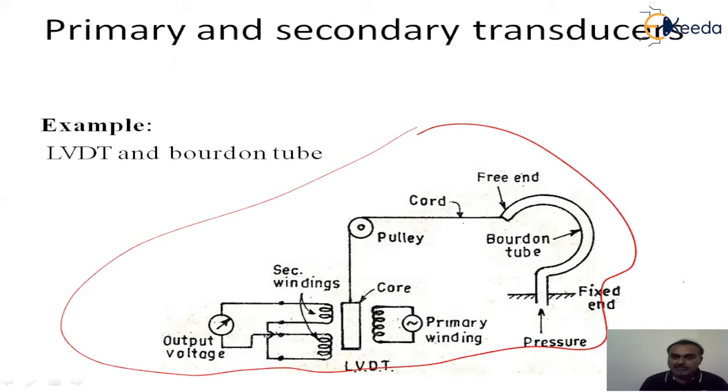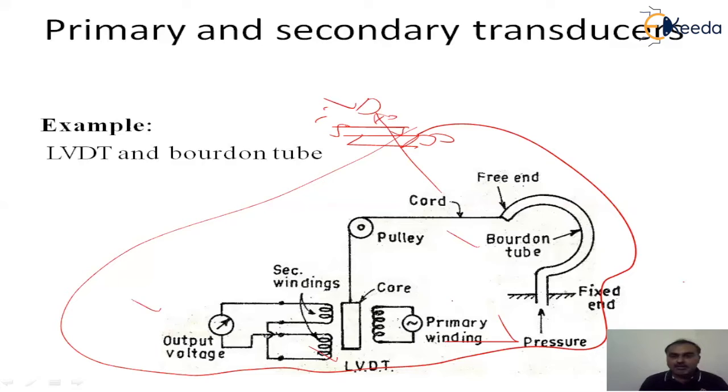The Bourdon tube converts the pressure into an output in the form of displacement. This displacement is converted by the LVDT into the output voltage.